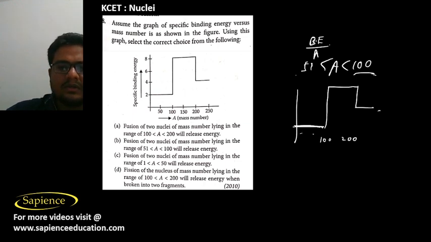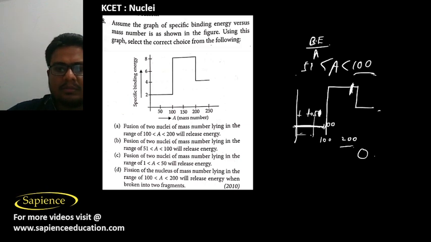So when nuclei from 1 to 50 fuse, they will form nuclei from 51 to 100, and when nuclei in this range fuse, they will form some nucleus in the range from 100 to 200.